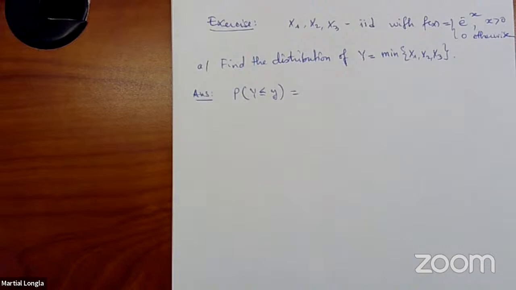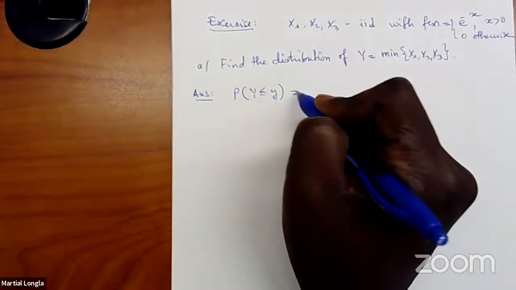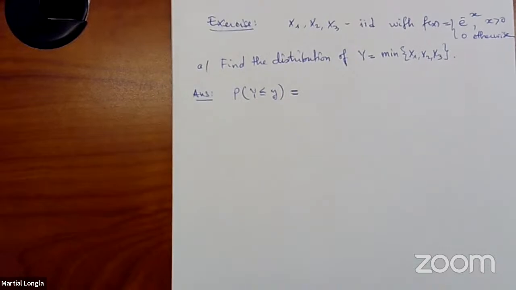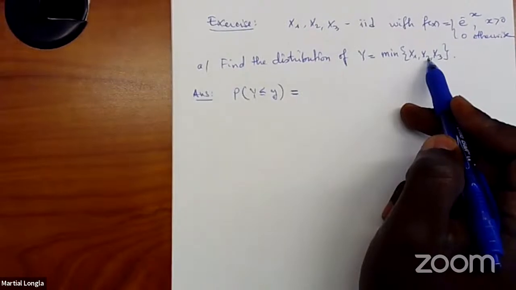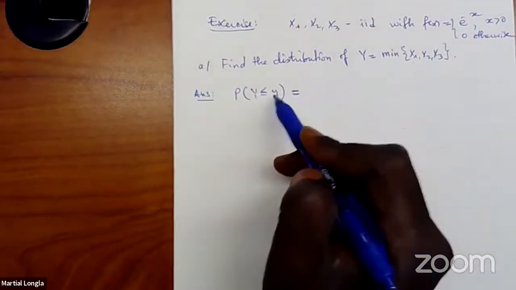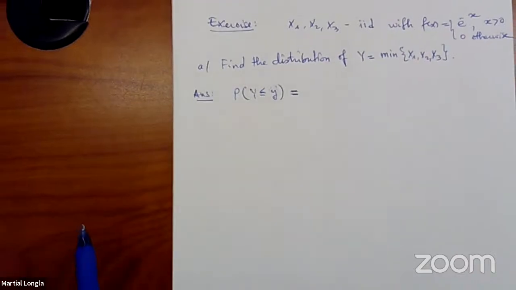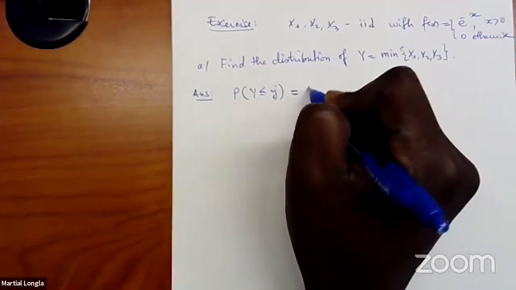You don't even know which of them is smaller than the other. So it's better to go to the complement, because perhaps you can put that little y below the minimum. If it's below the minimum, then for sure it's below every single one of them. That's why it's good here to go to the complement.